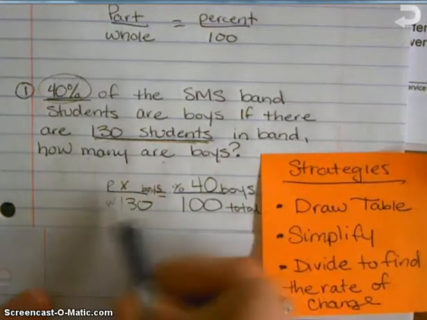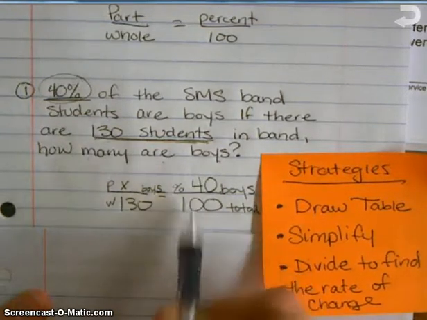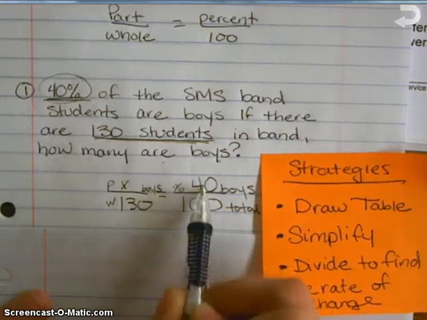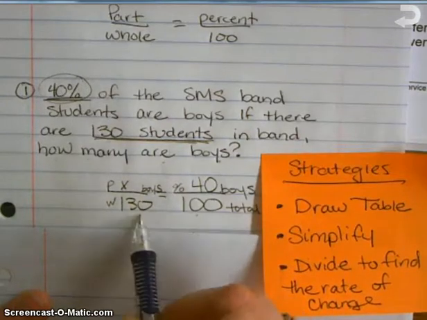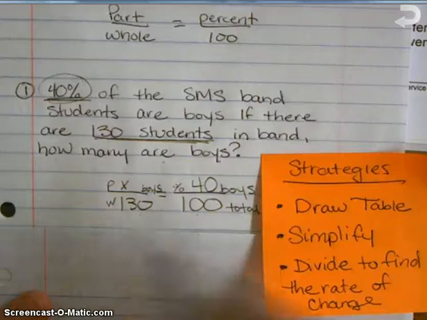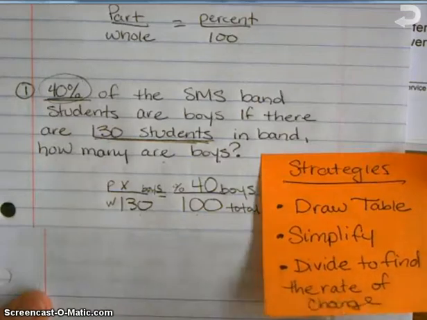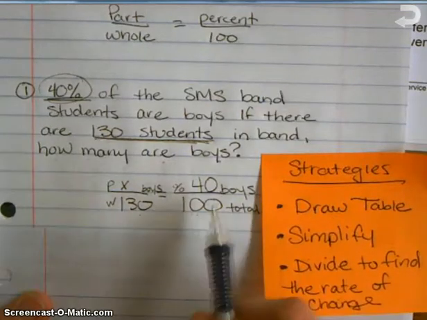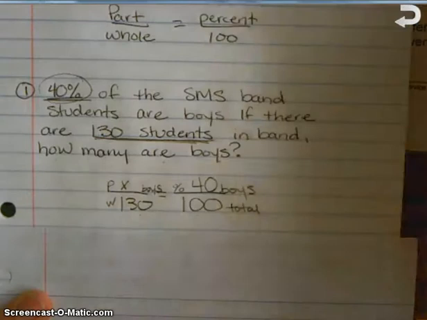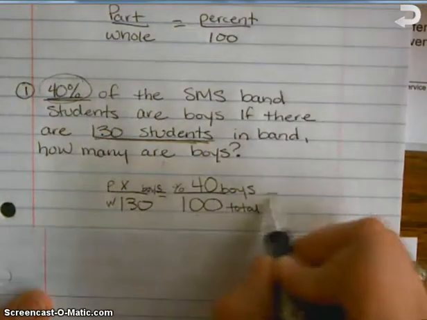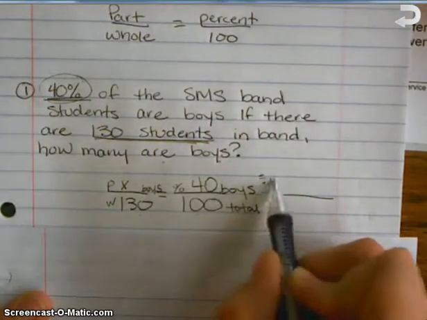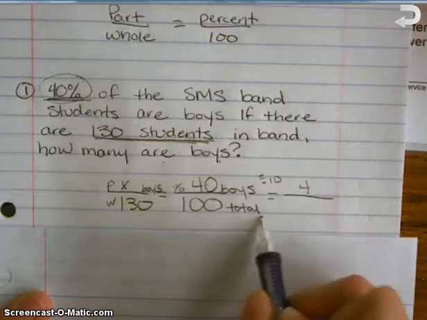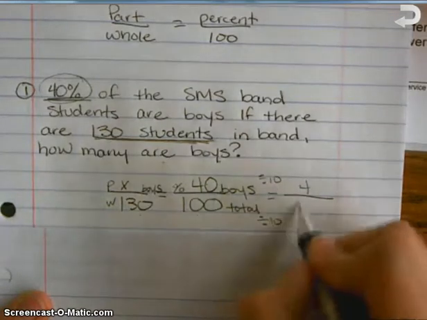Here's my unknown, and if I'm trying to get from my known to my unknown, we can go this way, which is 100 to 130. I can't see an easy way to get the rate of change, so I'm going to try to simplify first. If I look at this percent, it's 40 out of 100, so I can simplify, because 40 divided by 10 is 4, and 100 divided by 10 equals 10.